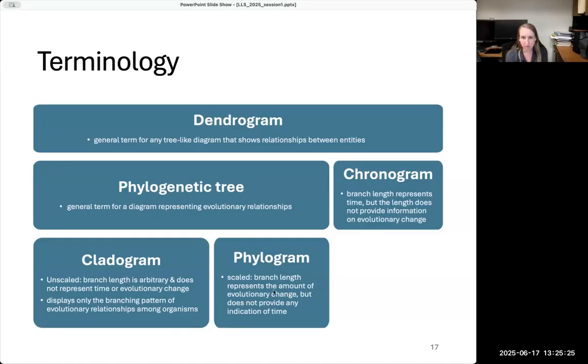And then a phylogram is going to be scaled. So that's the trees we were looking at, where the branch lengths do represent amount of change, but it may not show exactly the time. Like we looked at the SNPs, right? We don't know what kind of time period it was. And something you may hear about, I don't see them very often, but chronograms are basically like phylogenetic trees, but the length is indicating time instead.